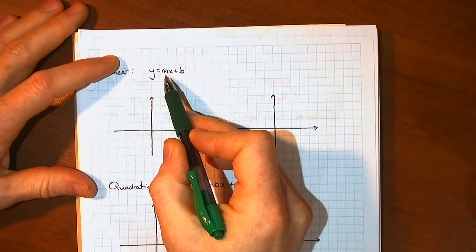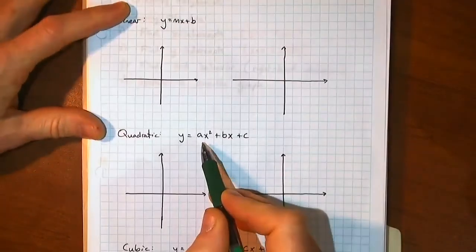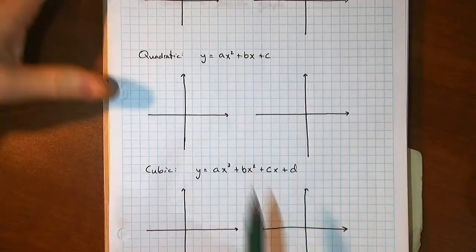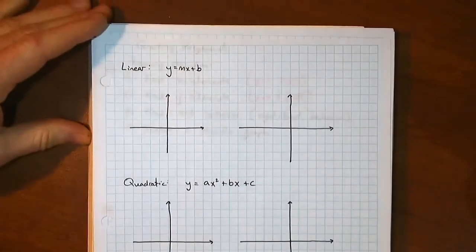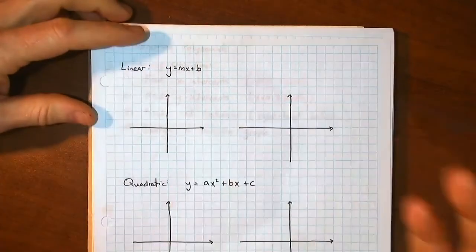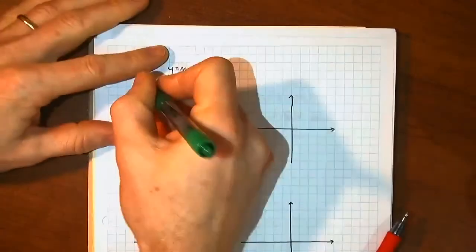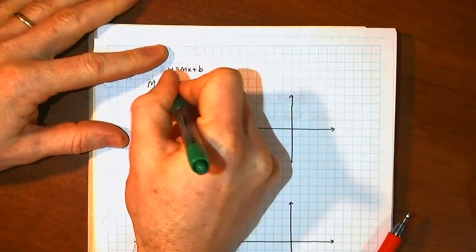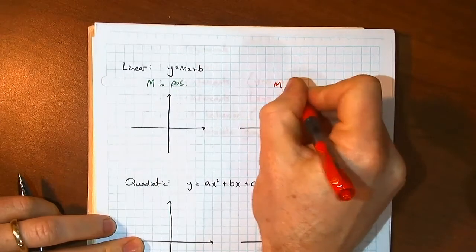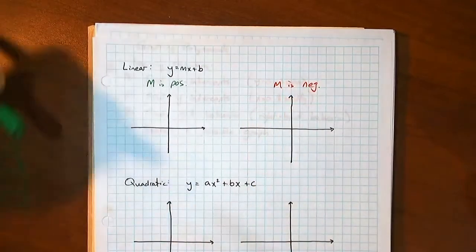Is the first number of the line, or the first number of the parabola, or the first coefficient, the leading term, the leading coefficient, is it positive or is it negative? That's what we're going to focus on as we have this discussion. Okay, so is the leading term positive, or is the leading term negative? That's what we're going to focus on here.